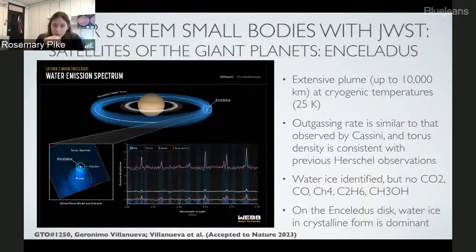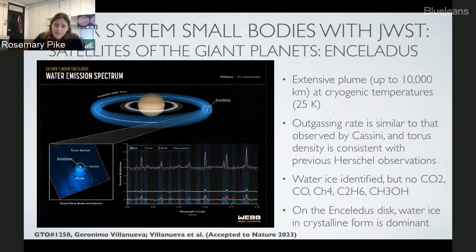There was a large plume observed coming from Enceladus at cryogenic temperatures, and they found the outgassing rate was similar to Cassini, and the torus density is consistent with previous Herschel observations. So it really looks like basically the water production rate is relatively long-term stable from Enceladus. It's supporting this huge water ice ring, basically, around Saturn.